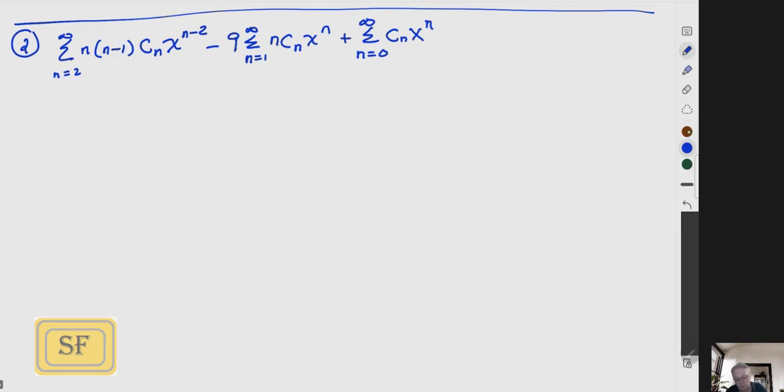The first rule involves if you have any x's outside of the summation, you bring them in. So the first rule is to combine all powers of x within each term.